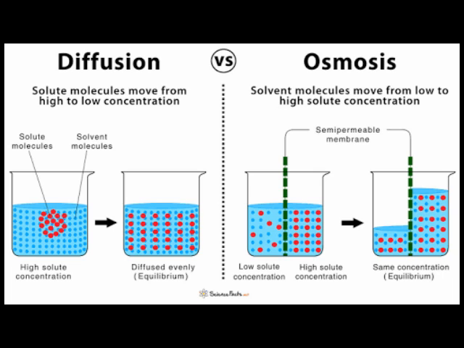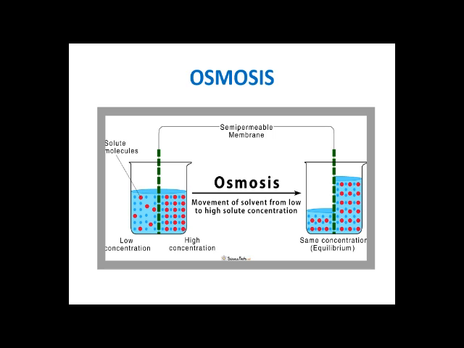So at the high solute concentration area, the solvent level height increases. So osmosis is nothing but movement of solvent molecules from low to high solute concentration area.